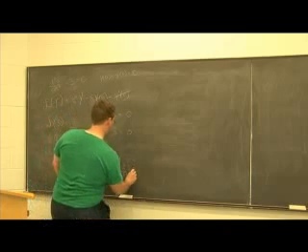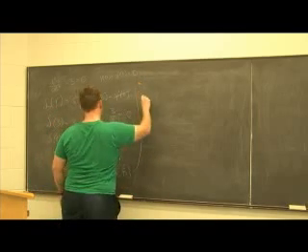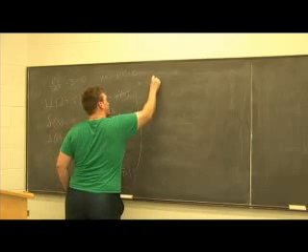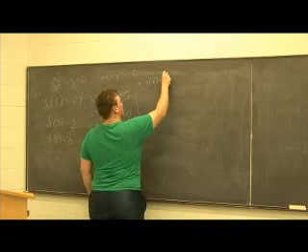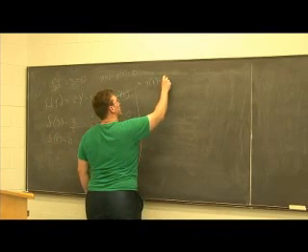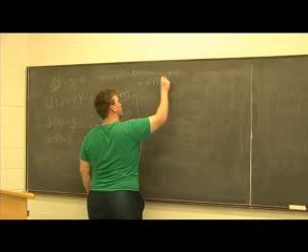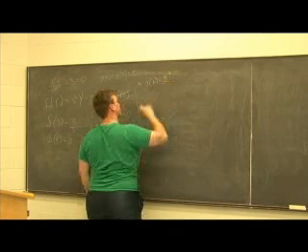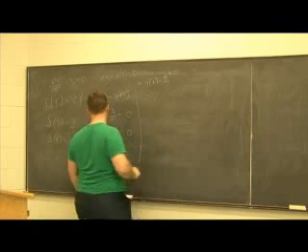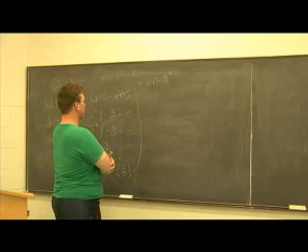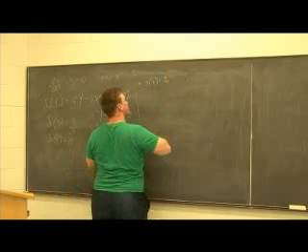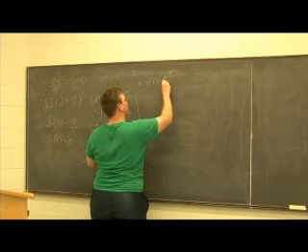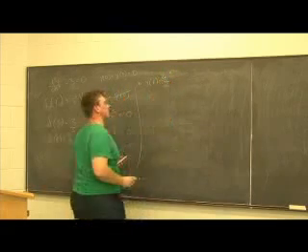And that gives us y of t is equal to t cubed over, let's see, t squared over 2 times 3.